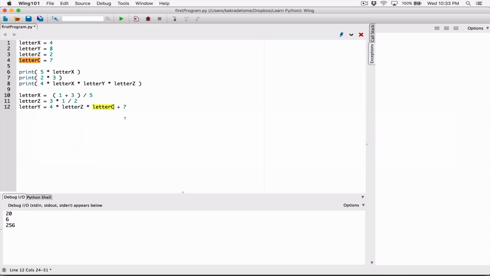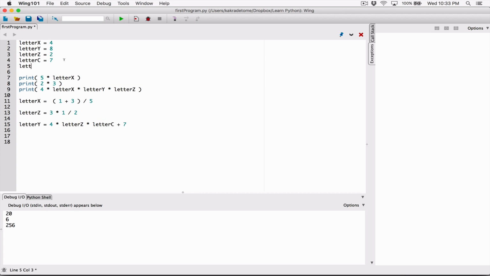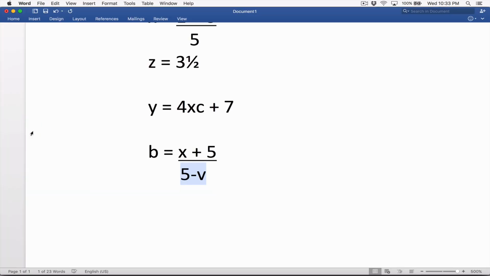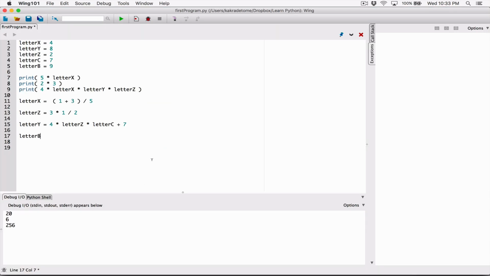So the way we write something like this is we say letter b. Let's go ahead and declare it. Let's space this out a little bit. Letter b, which we don't have declared, let's initialize it to, say, 9. So letter b over here is equal to x plus 5.